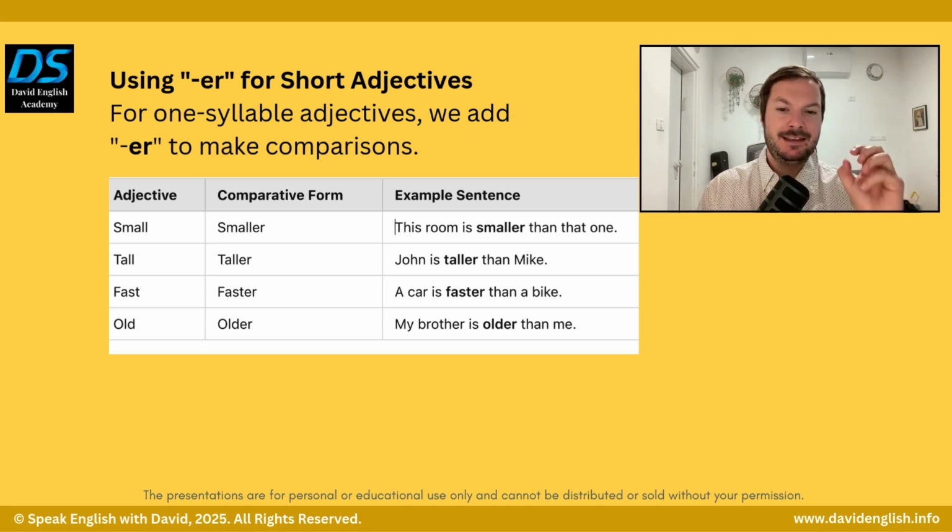Example sentence: this room is smaller than that one. We have the word tall, that's the adjective. Comparative form, taller. Example sentence: John is taller than Mike. Adjective, fast, faster. Example sentence: a car is faster than a bike. Old, older. My brother is older than me. Again, we're adding the -er to those smaller adjectives.